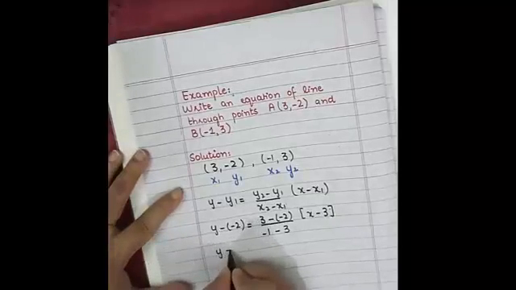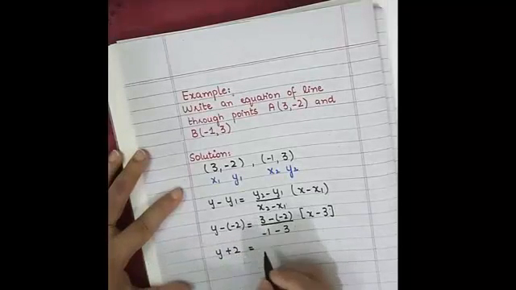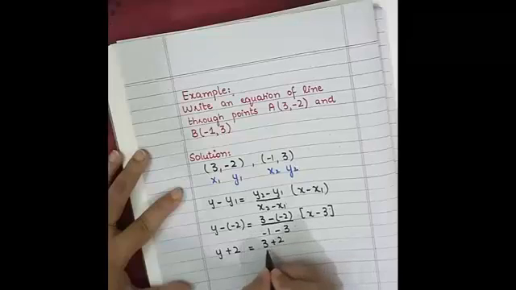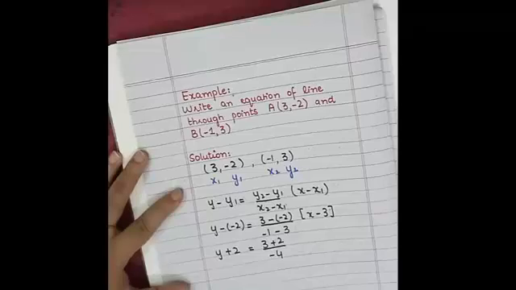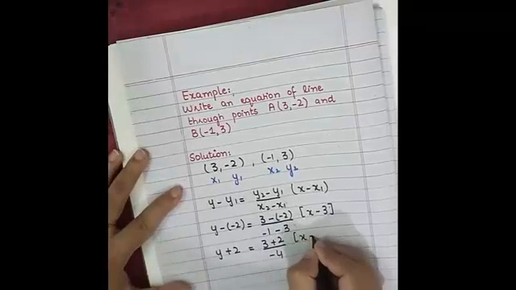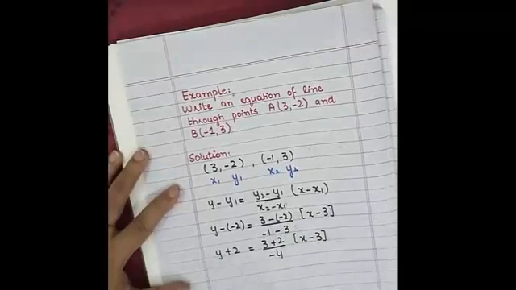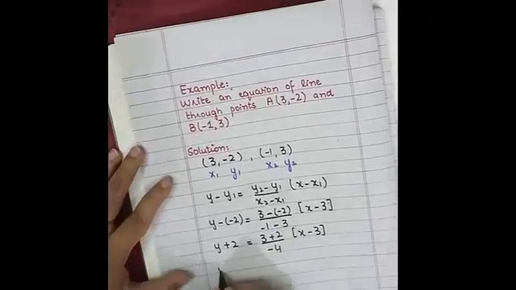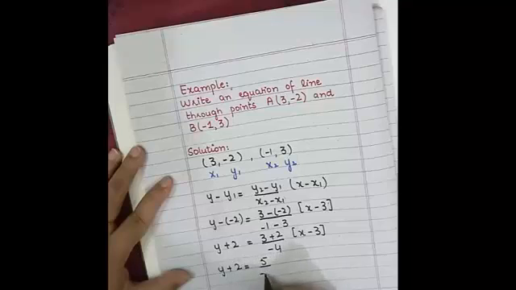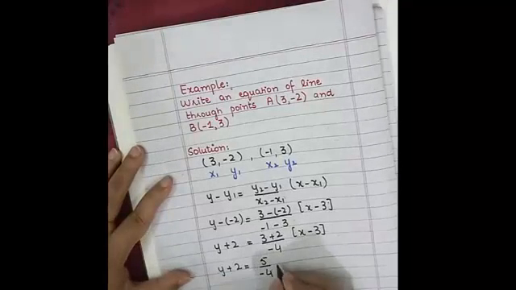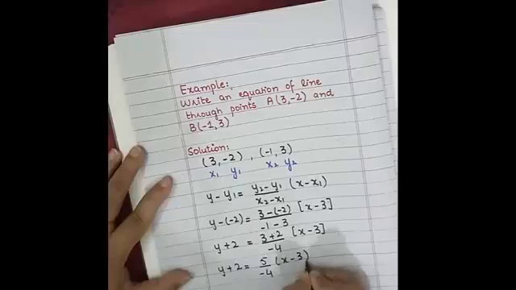So y minus minus 2 is plus, which gives 3 plus 2 divided by minus 1 minus 3, which is minus 4, into x minus 3. Now this is y plus 2 equal to 5 over minus 4 into x minus 3.